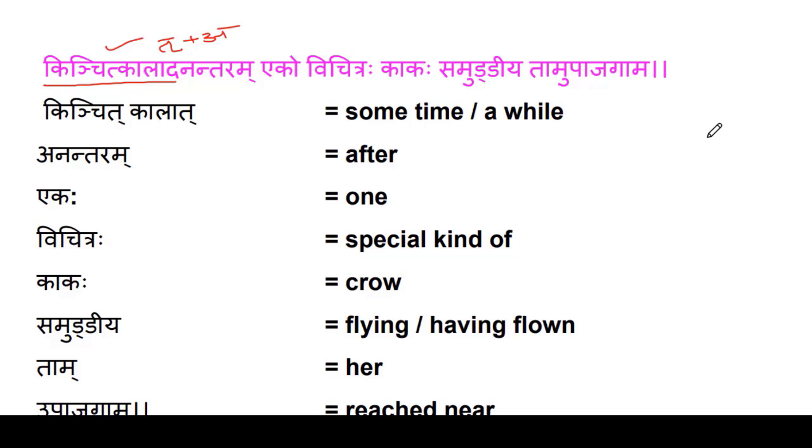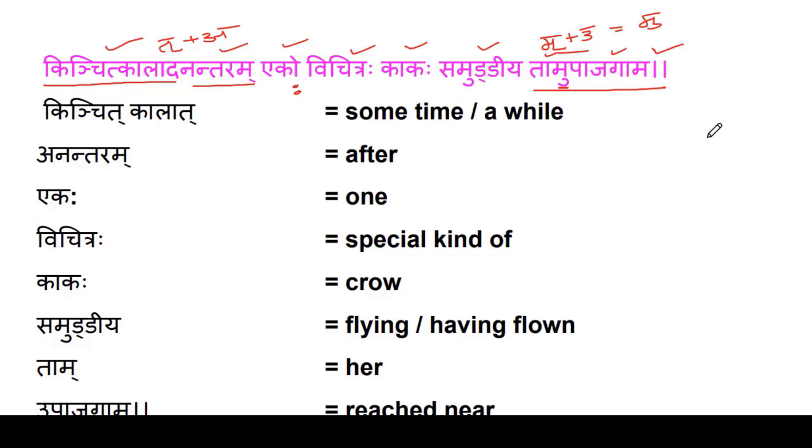So Kinjit kalat plus anandaram. In the second word, Eko we can change into ekaha. Vijitraha. Kakaha Samuddiya Tam Upajagama is Samyogam, not Sandhi: Tam plus Upajagama.